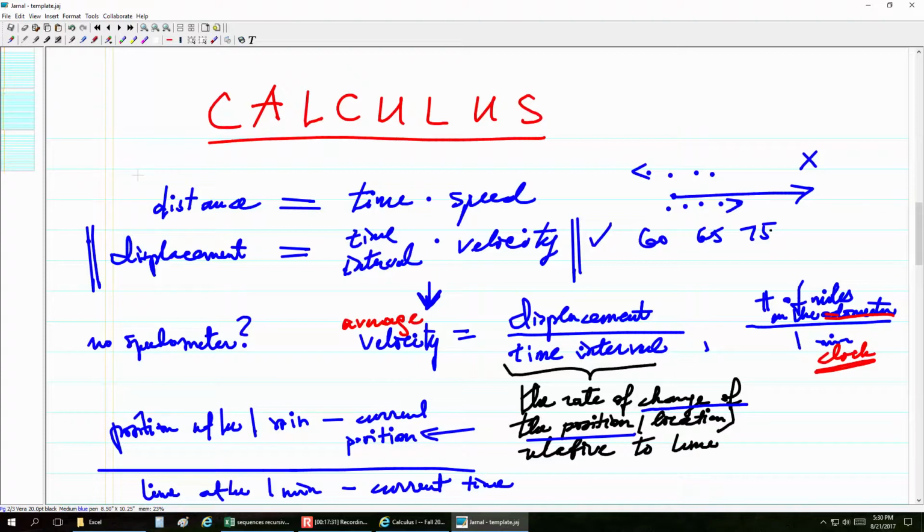How far did I go during the first minute? It's 60 miles an hour for 1 minute, so 60 divided by 60, 1 mile. In other words, you apply this formula multiple times rather than once.